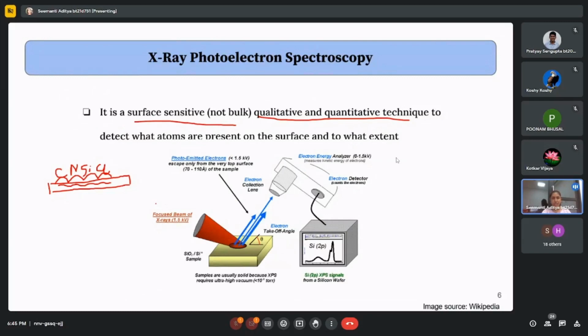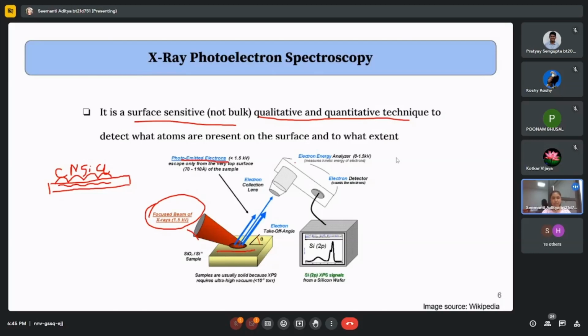Whenever we shine an X-ray beam on the sample, which has different categories of atoms, the electrons will be ejected out with different speeds. This kinetic energy of the photo-emitted electrons is measured only from the top surface, not from the entire bulk, just from the top surface.